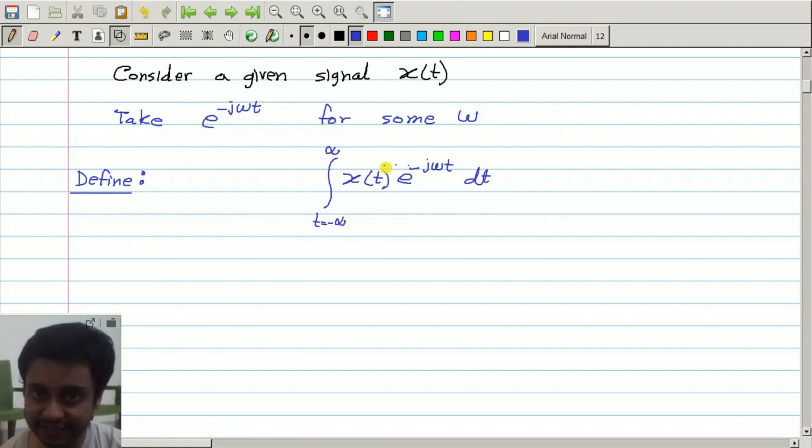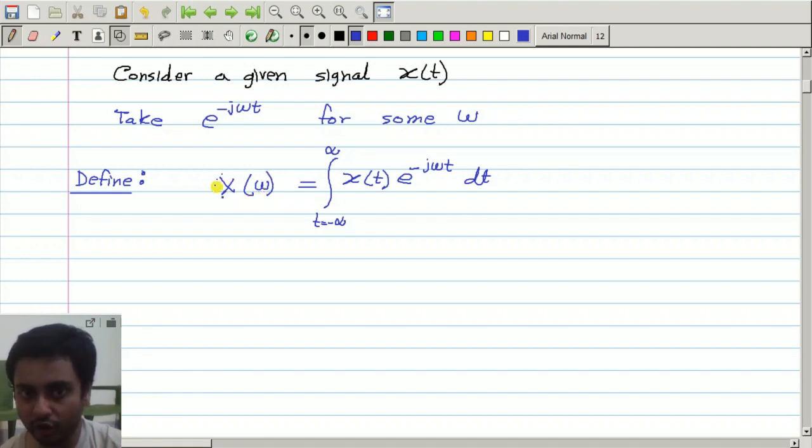Now, after this integration, the variable t will be gone, and the result of this integration will only depend on the value of omega. So we can call this a function of omega. Call it capital X of omega. Capital X because it depends on small x, that is the given signal. So this is the definition of a new quantity, capital X of omega, as the integration of x(t) e to the power minus j omega t dt from minus infinity to plus infinity.